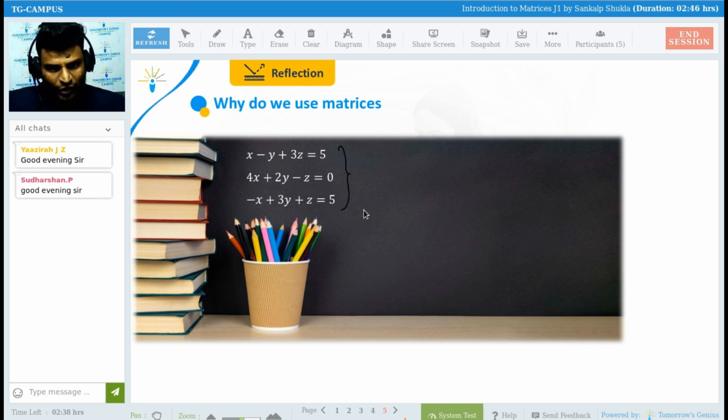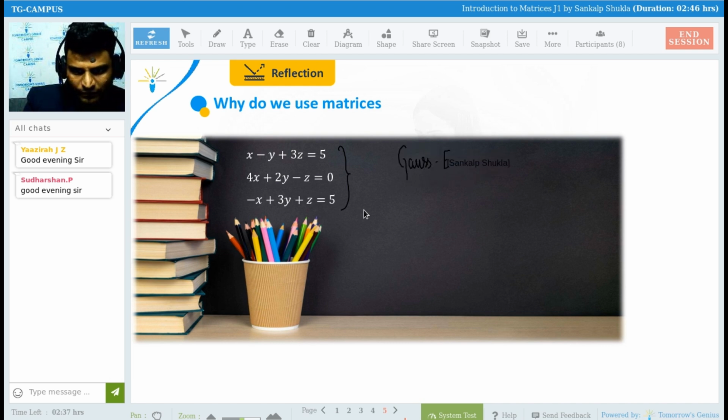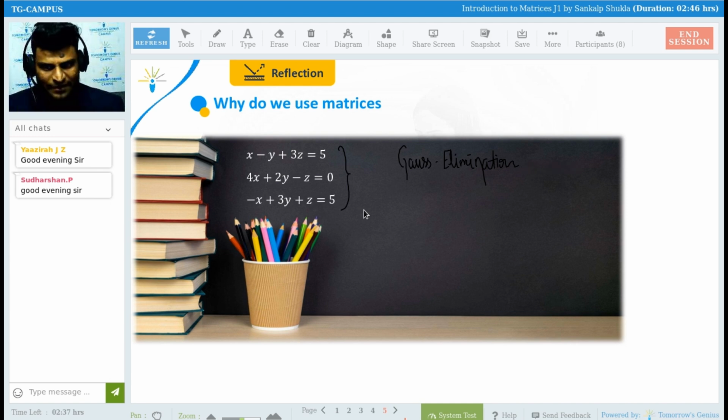This system can be solved using two methods. The first method is Gauss elimination. I am not going to teach that now, because this is just an introduction to the chapter, but some of you might have an idea about it. Gauss elimination is a method used to solve a system of linear equations in three variables.